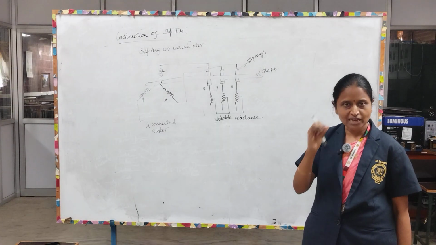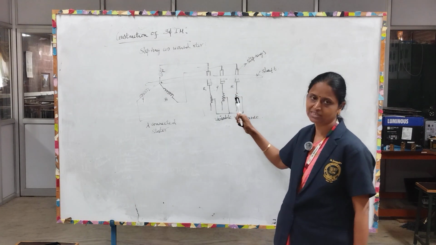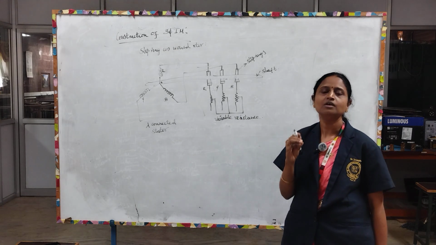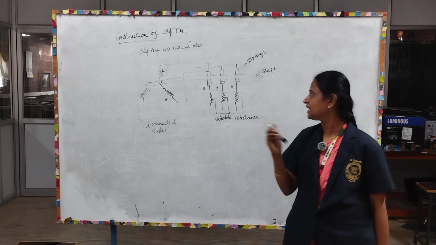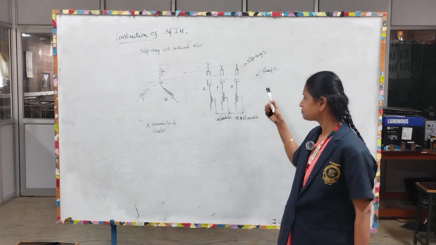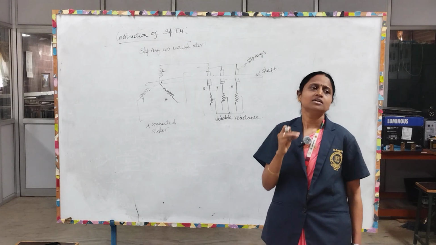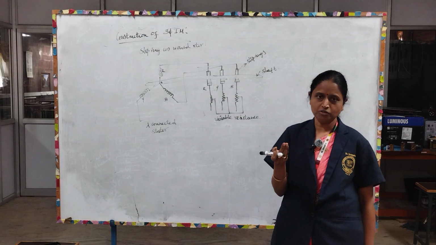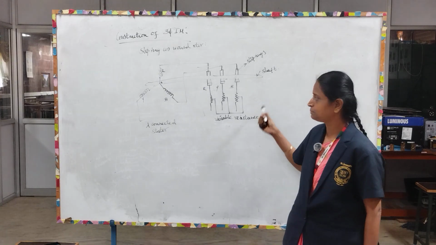Each phase winding of the rotor is connected with the slip rings and brushes. Slip rings are mainly for speed control, and for collection of current we have brushes. With the variable resistance we can have current control also. If the resistance is high, current is less, and like that we can have speed control.